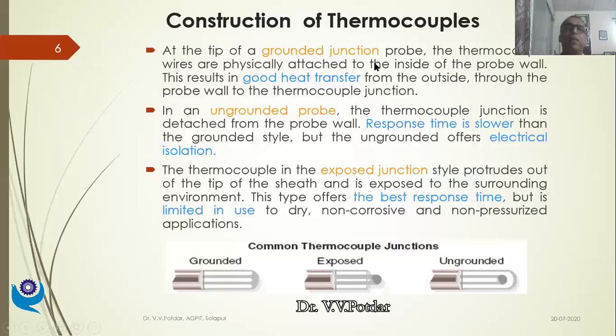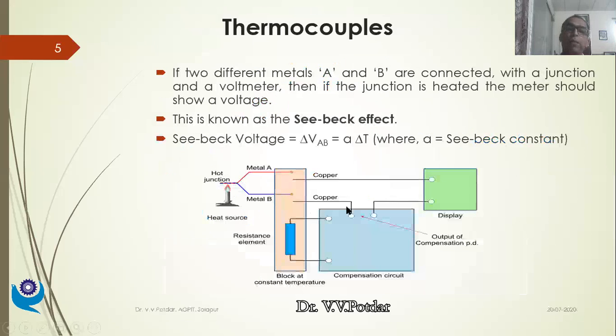A few construction details we'll see. At the tip of a probe, the three types we have identified are: grounded junction, exposed junction, and ungrounded junction. Now, what do you mean by junction? This is the junction which is exposed to external temperature.